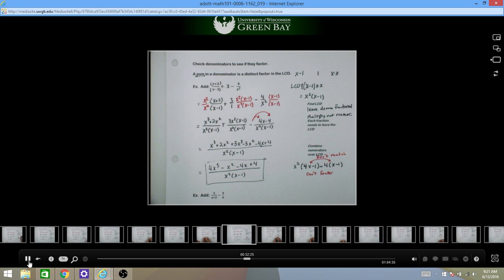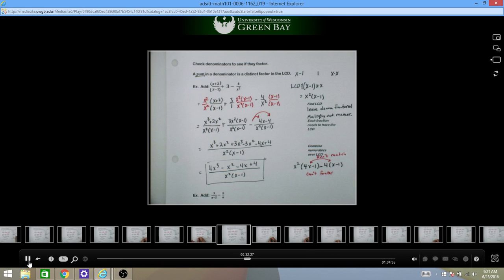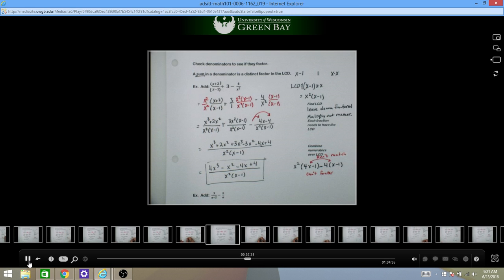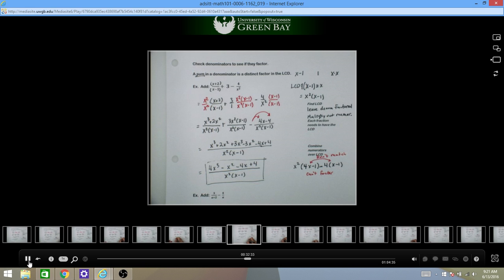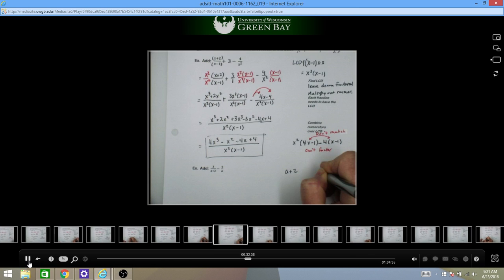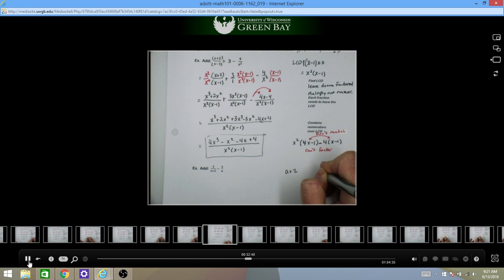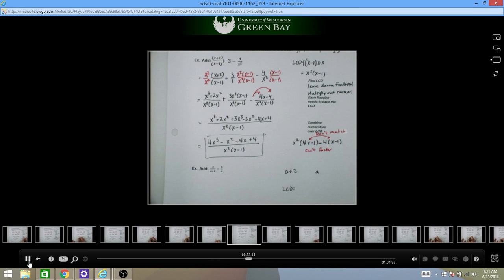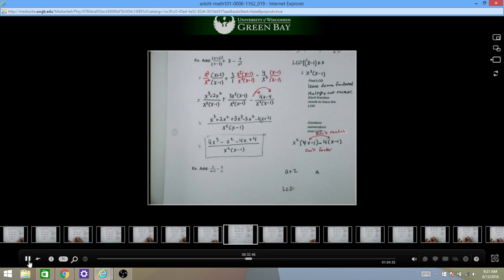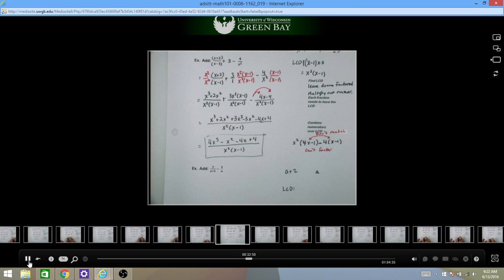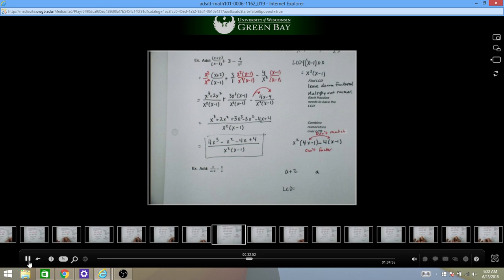So we're just building up our fractions so they all have the same denominators. On this next one, your first denominator is a plus 2. Your other denominator is a. Can you write down the least common denominator, please? Does anybody want to tell what the least common denominator is?